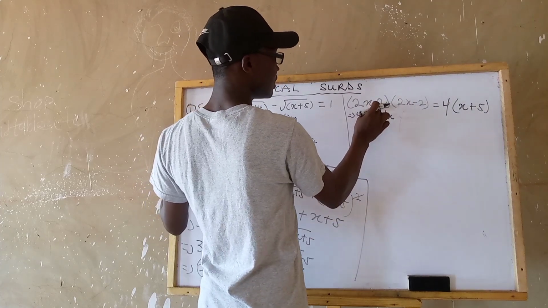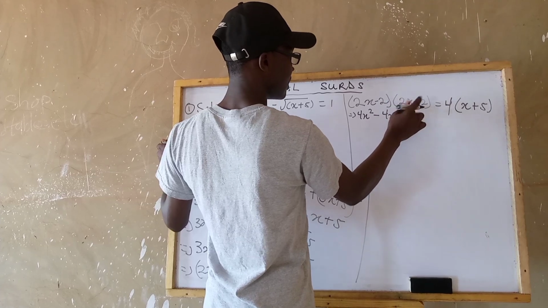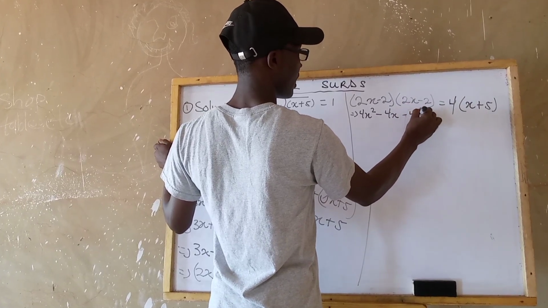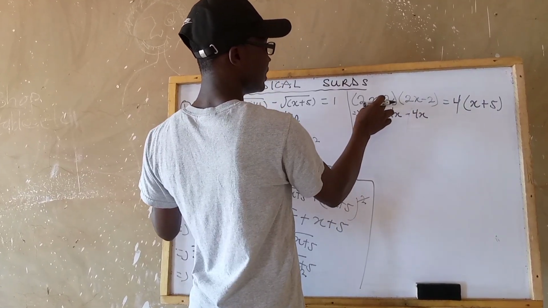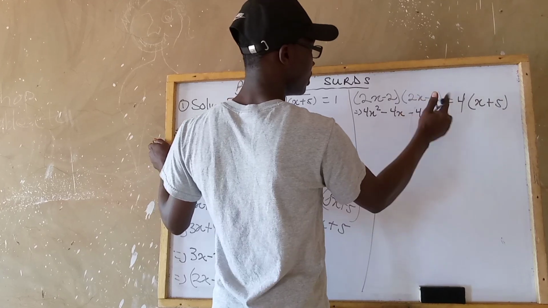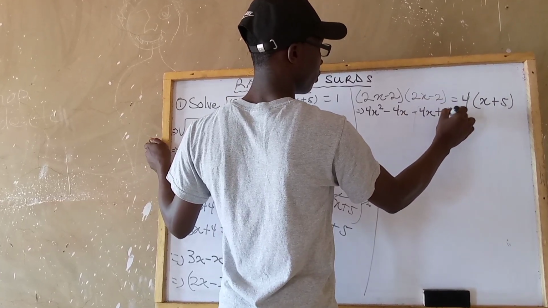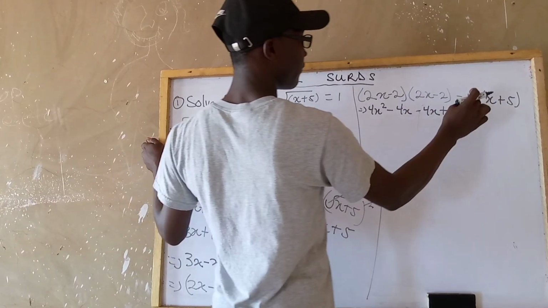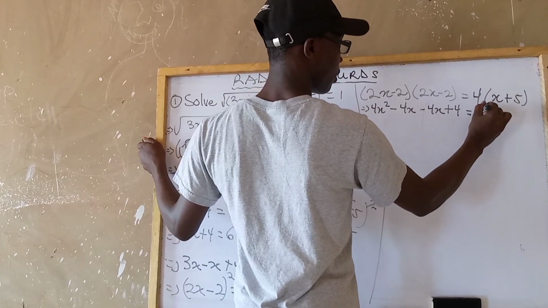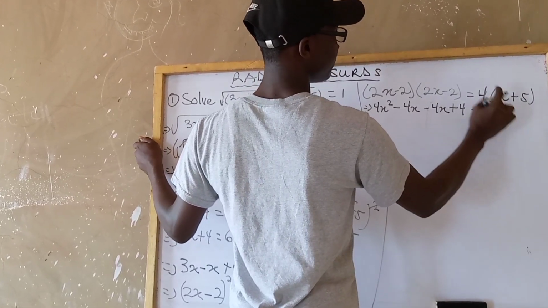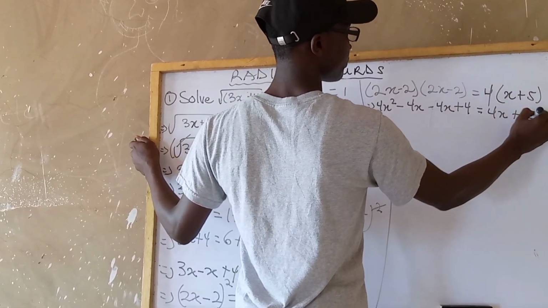So now negative 2 times 2x gives negative 4x, and then negative 2 times negative 2 gives us positive 4 is equal to, now 4 times x gives us 4x plus 4 times 5 gives us 20.